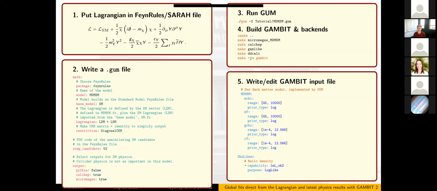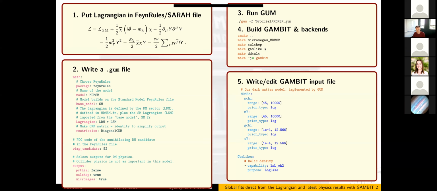So it does all of the modification of GAMBIT. It keeps track of what it's done so that you can reverse it as you might expect. And then you need to go and build GAMBIT and also any new versions of the external codes that is generated. So you reconfigure GAMBIT using CMake and then make the relevant backend.